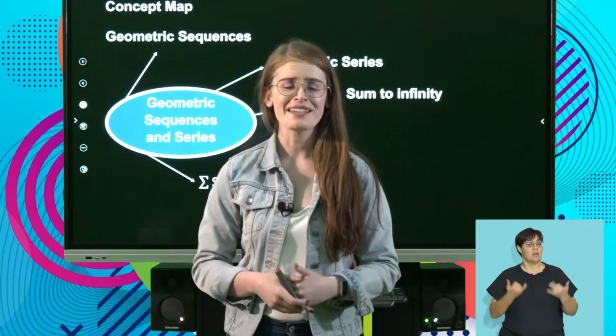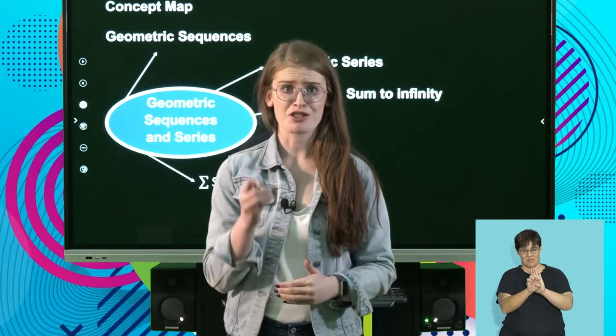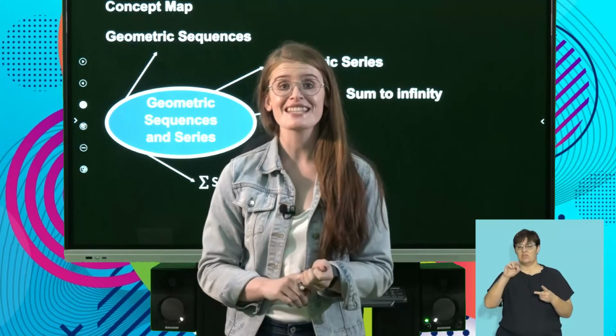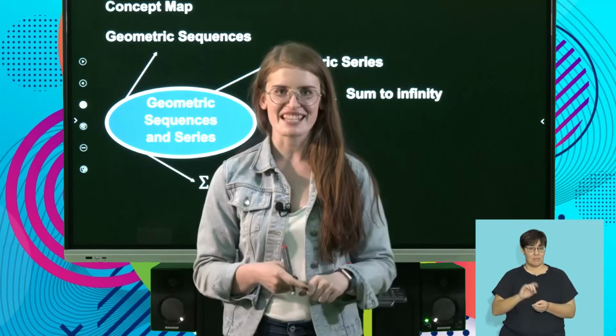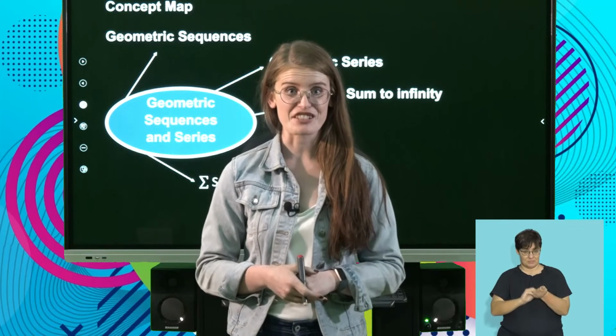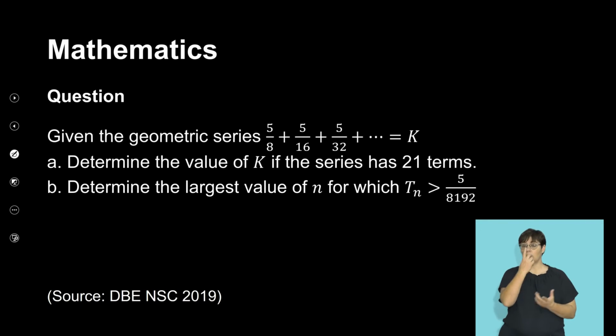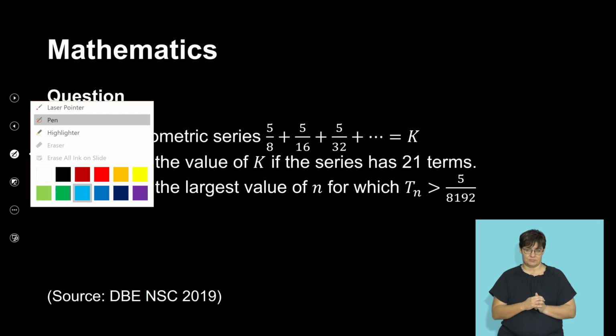Welcome back, everyone. Now we're going to jump into some examples for geometric sequences, geometric series, the sum to infinity, and sigma sums. Let's look at the first example. So we are given the geometric series 5 over 8 plus 5 over 16 plus 5 over 32 plus going on is equal to k.